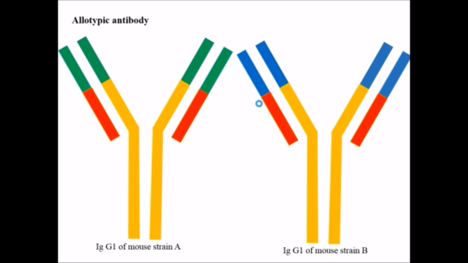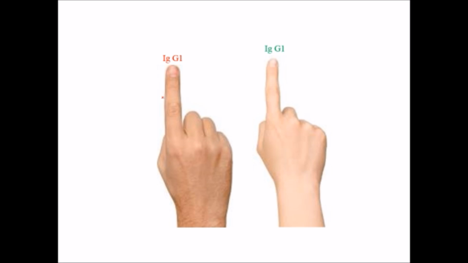Or you can say it is like the index finger of a male and the index finger of a female. You can clearly see the difference between these two fingers or these two hands. This is, suppose, the immunoglobulin G1 of strain A, and this is of strain B.